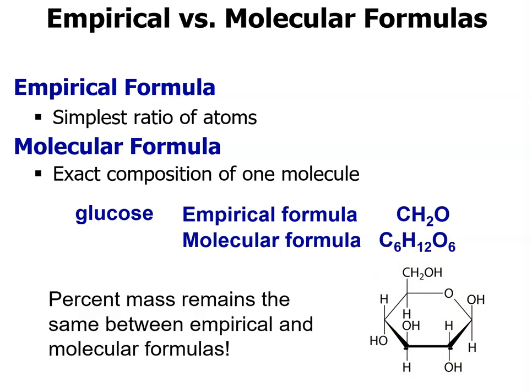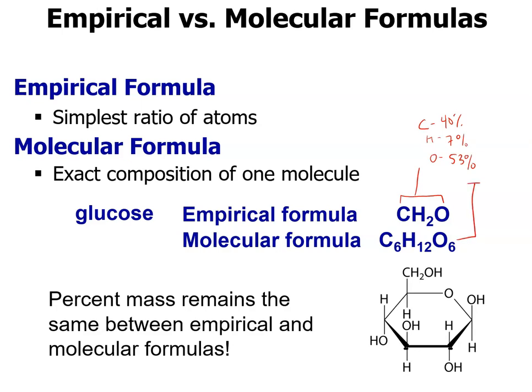And if you were to determine the percent mass, and you can go ahead and do this on your own, I will tell you that regardless of whether you use 1 carbon, 2 hydrogens, 1 oxygen, you'll get a ratio of 40% carbon, about 7% hydrogen, and about 53% oxygen from either of these.